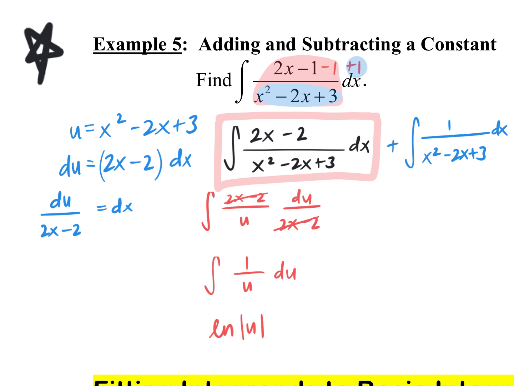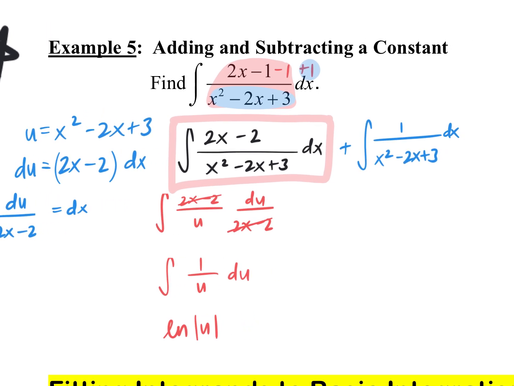Okay, that piece in blue, can I use u substitution here? If I let u equal the same thing, I'm going to have 2x minus 2 on top. Is that going to cancel out with anything? No. So instead what we're going to have to do is complete the square for this one.